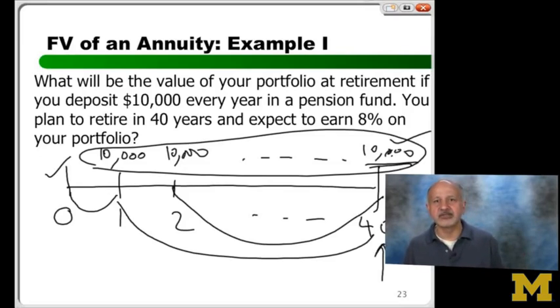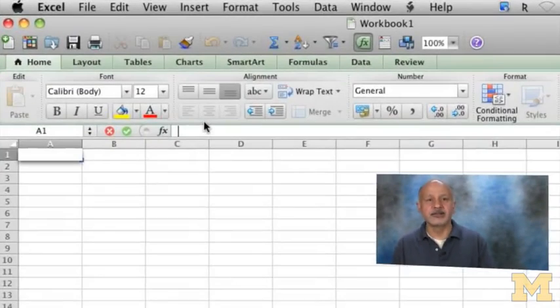So what I'm going to do now is shift to using a calculator. Okay, if you notice, I'm on the top panel and I'm going to use the formula PMT.